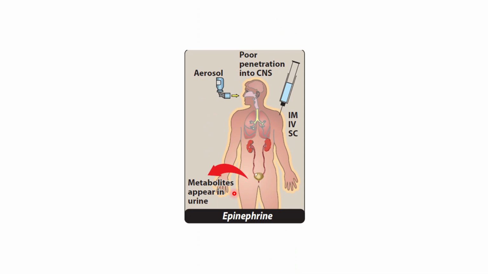And epinephrine is one of the most widely used drugs because it can be injected parenterally, usually intravenously, intramuscularly, and subcutaneously as well, and also intracardially with a special needle that goes directly to the heart in case the patient's heart stops beating. It also will not penetrate to the central nervous system.